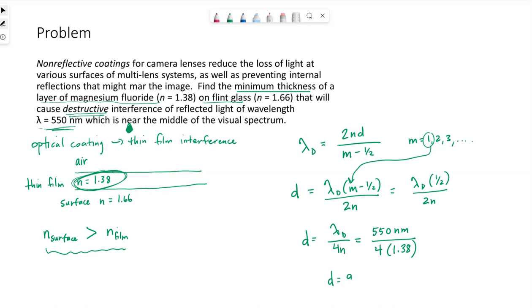So I'm getting 99.6. My units are in nanometers because the units of my wavelength are in nanometers. So a very thin coating, and it will minimize this reflection.